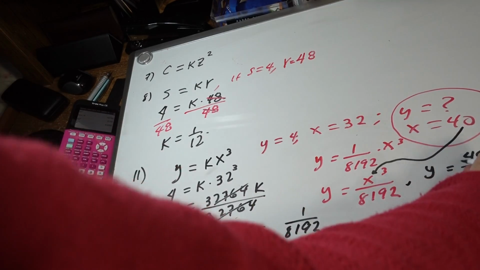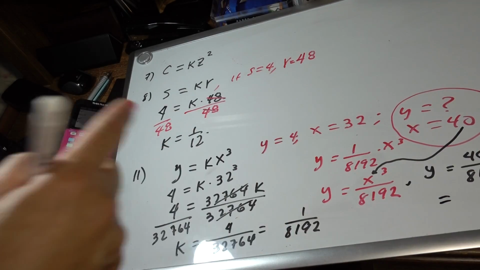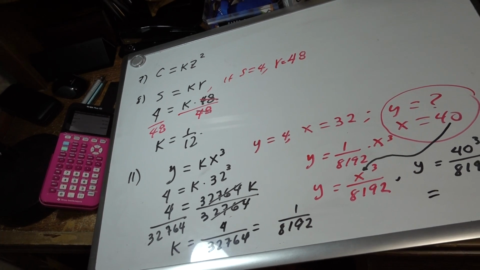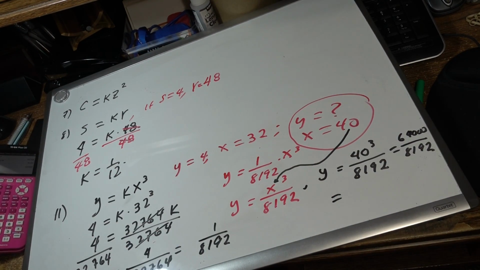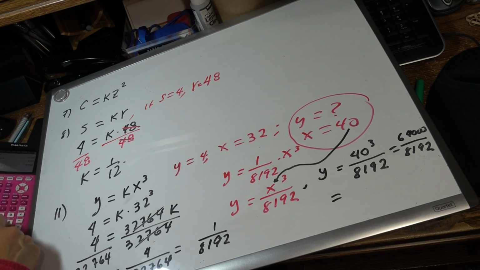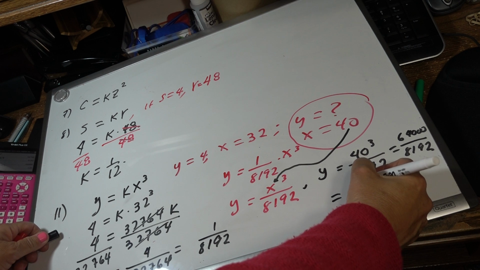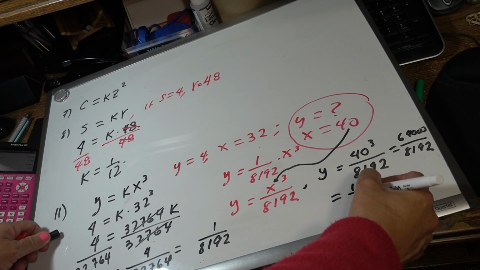And when you reduce this, simplifying that fraction, 64,000 over 8,192, you're going to obtain 125 over 16.